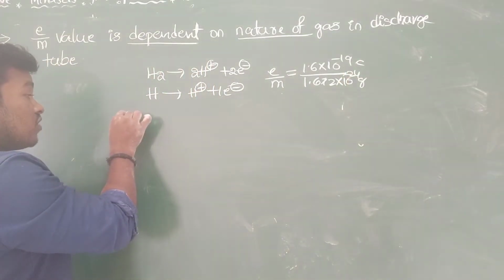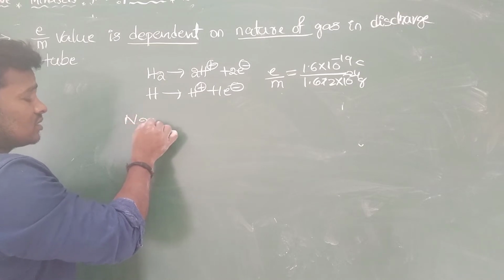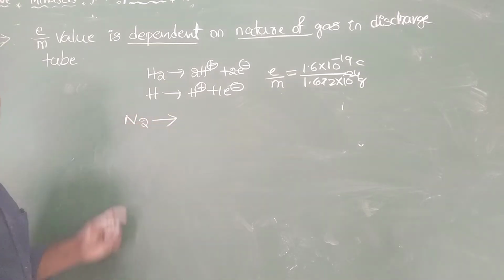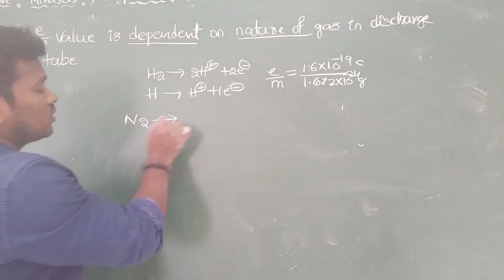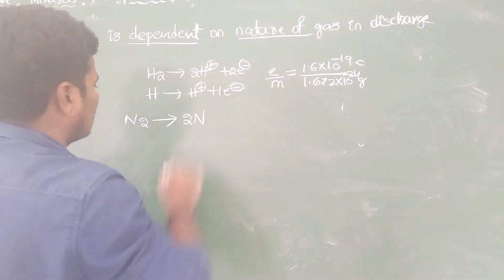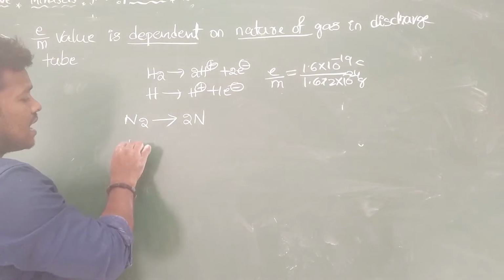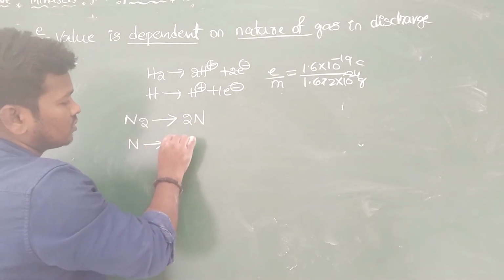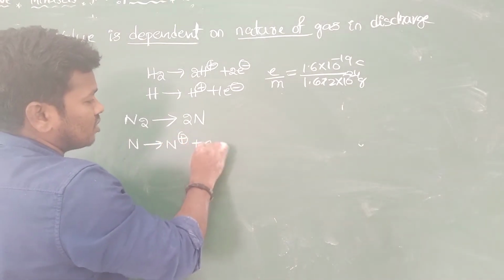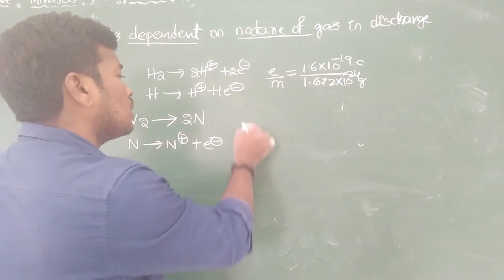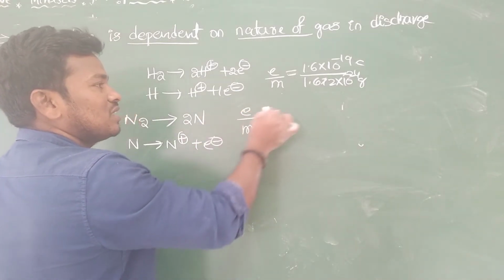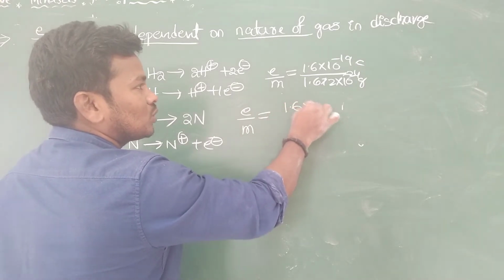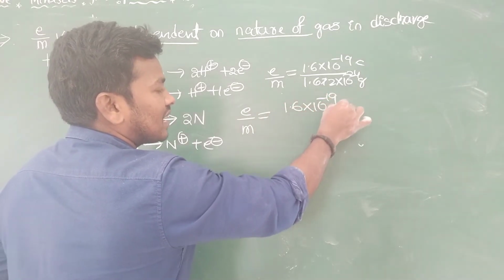For example, if I take nitrogen gas, or oxygen gas, everything will be different. Hydrogen is converted into its atomic form, and nitrogen gives N plus and an electron. If you observe the e/m ratio, the charge is similar, 1.6 into 10 to the power of minus 19 coulombs.